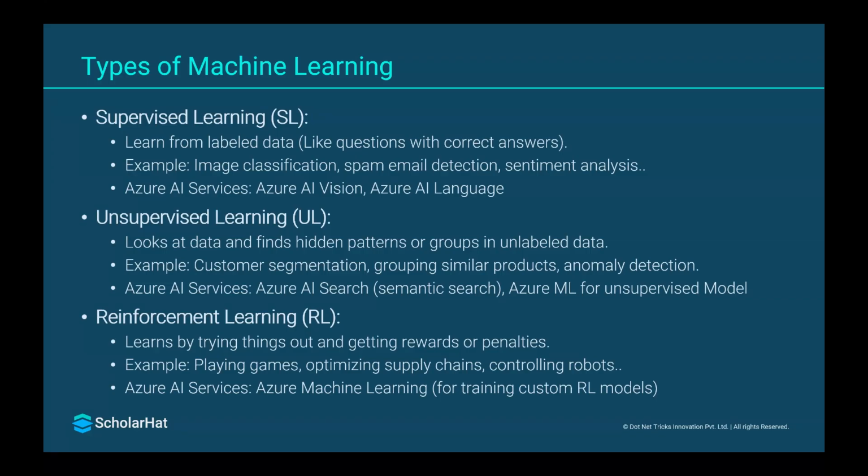So you're doing customer segmentation based upon buying behavior. There is no labeled learning over there. So how are we going to create the model? We create the model based upon the buying behavior. For example, in the Azure AI services, we have Azure AI Search and others. I hope that things are clear to everyone.